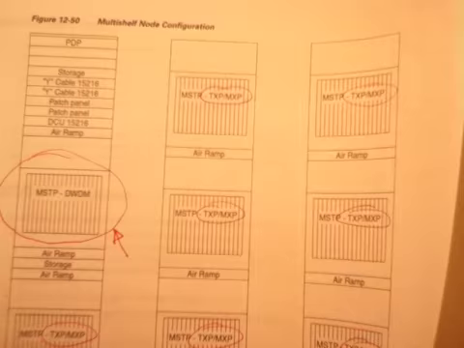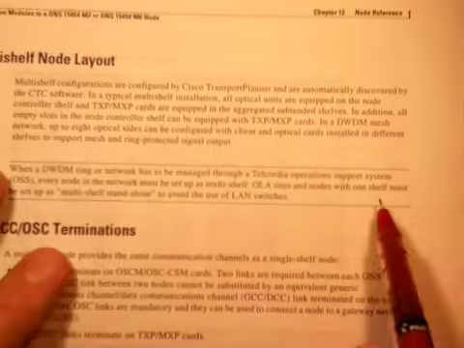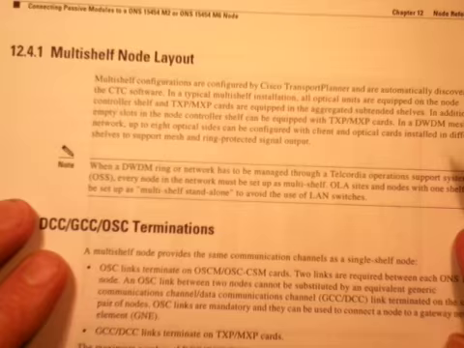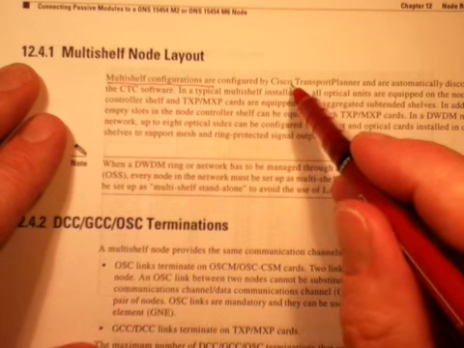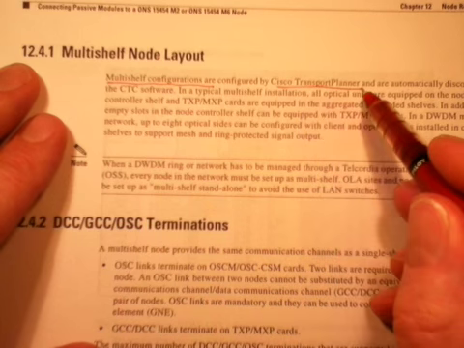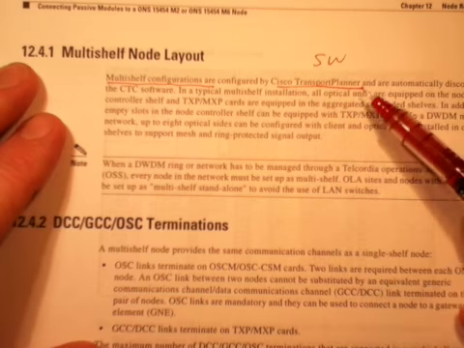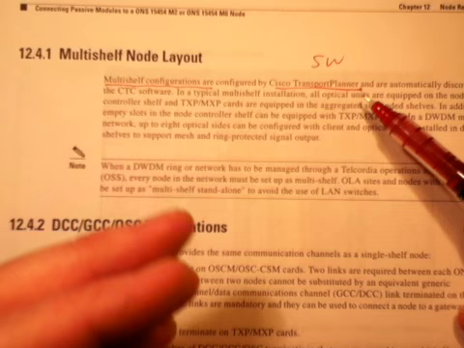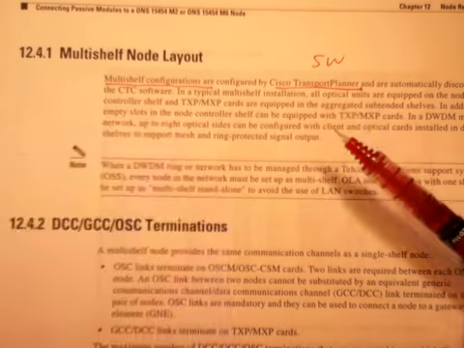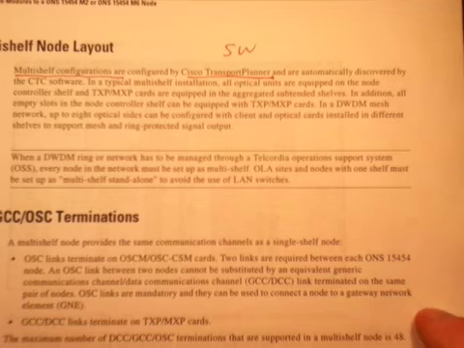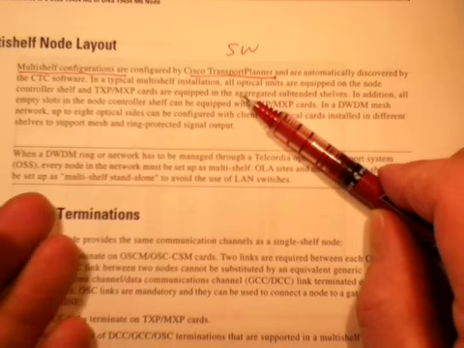Okay, along with these multi-shelf node configurations here, they say in section 12.4.1 that multi-shelf configurations are configured using the Transport Planner. This is a software which interfaces with the command and control software for the whole thing and allows you to plan out your network, essentially, and it allows you to manage the network.